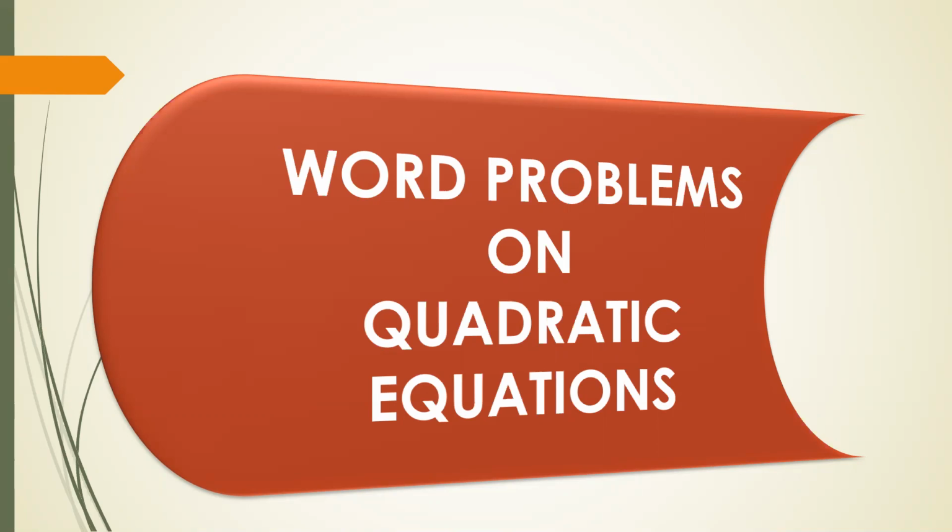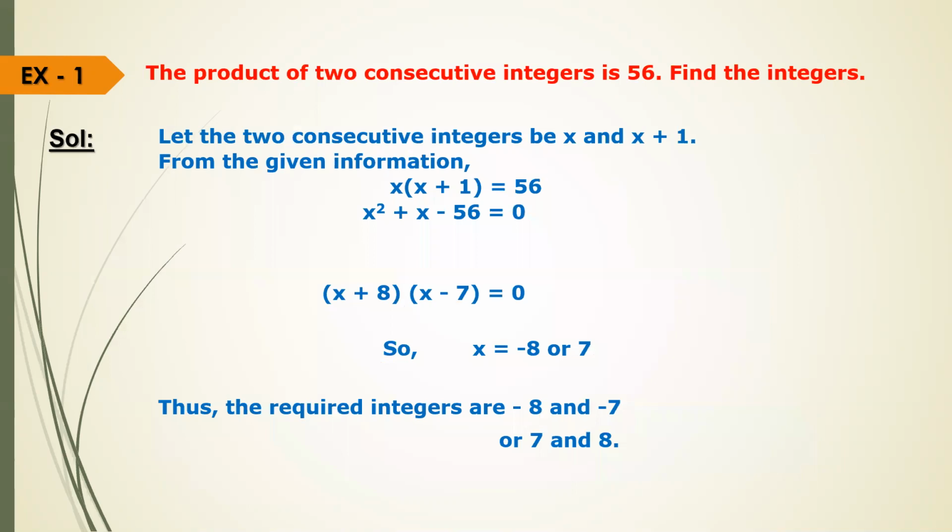Translate the given statement to form an equation in terms of x and then solve the equation. As I said already, for solving we will be using the factorization method as it will be possible to use.